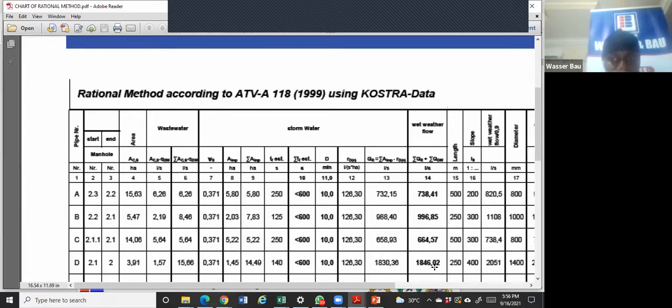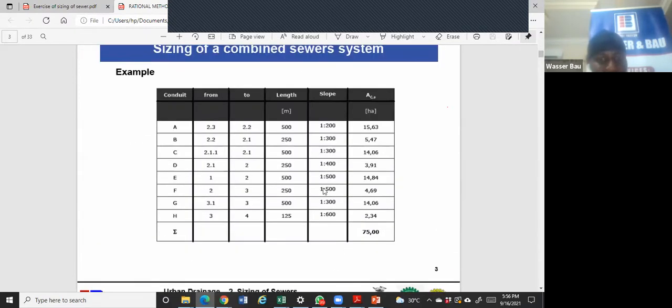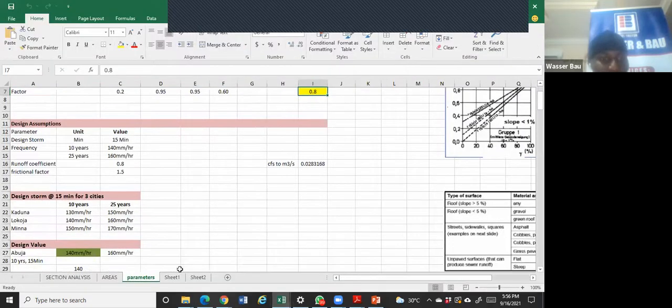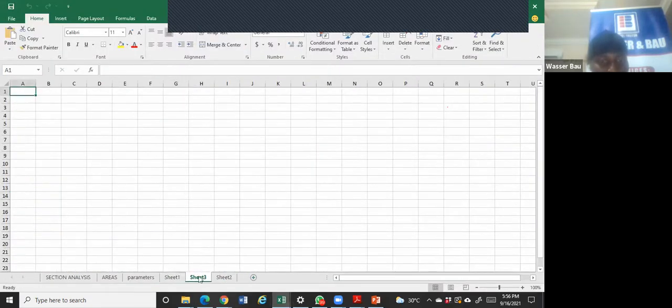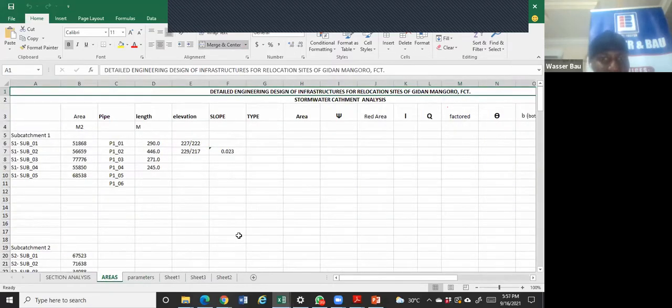But let me explain to you. This is what we are designing. We're designing for this catchment. The first thing I said is that you bring it into a table like this, and that's exactly what we did here. The areas, the catchment, the section analysis. So look at it.